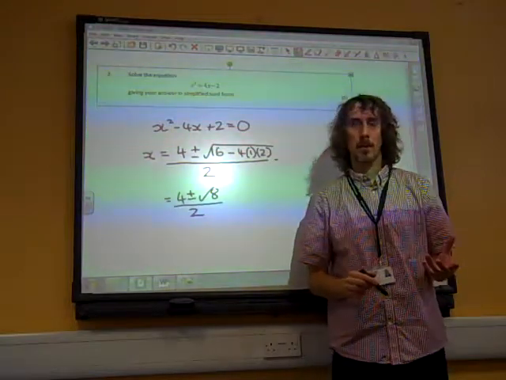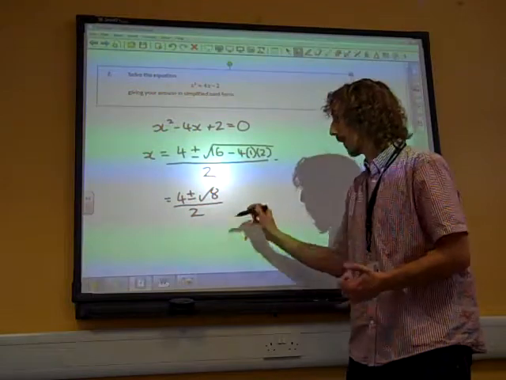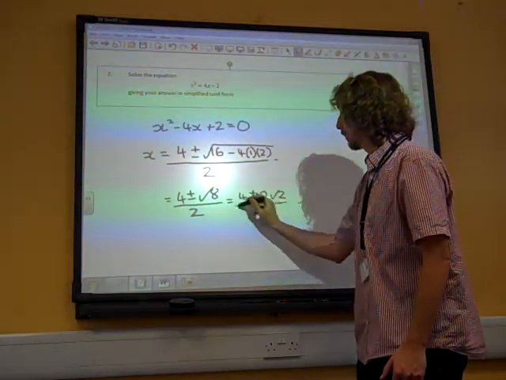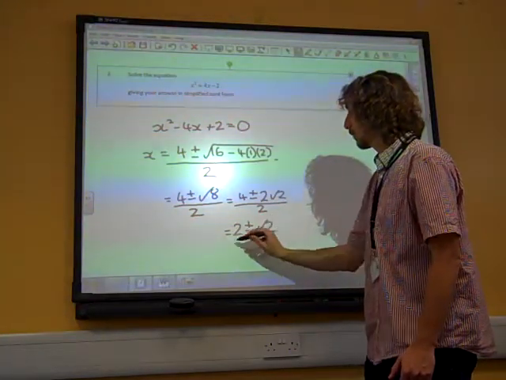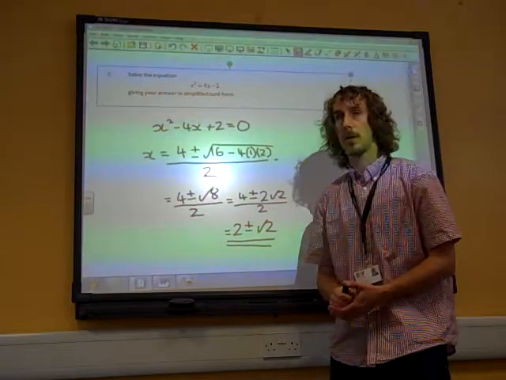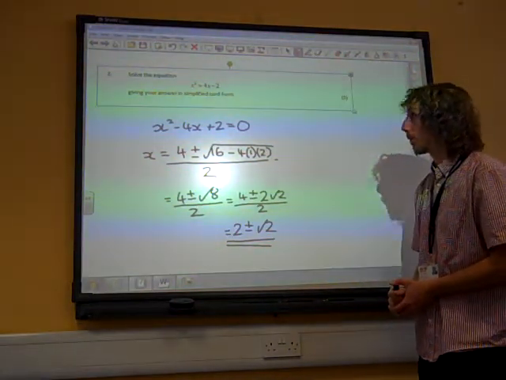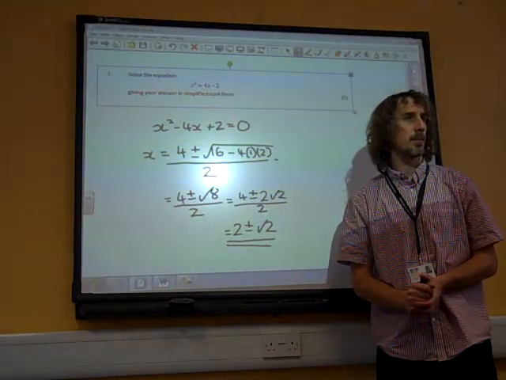Again, we've got that simplifying surd thing to deal with, so root 8 is 4 times 2, so that's 2 root 2, 4 plus or minus 2 root 2 over 2 gives us 2 plus or minus root 2. That's how we want to give our answer. Okay, and that was for 5 marks in this case.